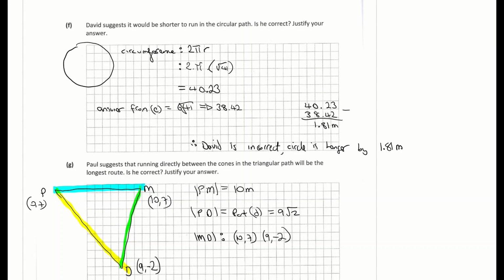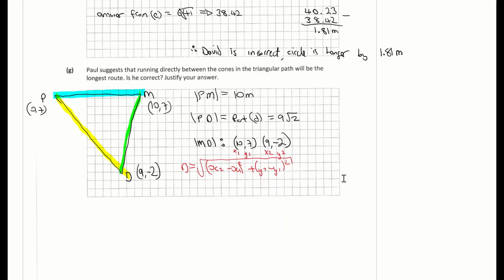So you can see here this question is using a lot of the distance formula from our log table, so there's a lot of repetition going on here. Our formula is the square root of x2 minus x1 all squared plus y2 minus y1 all squared, and that is going to get me the distance. Filling in my formula now, so we're nearly finished.